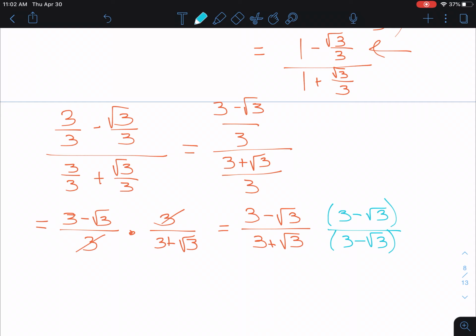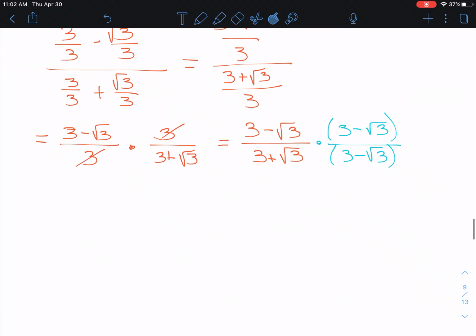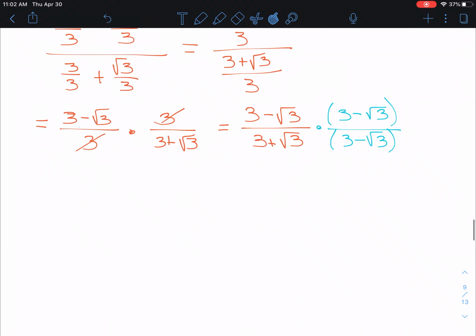You can see this one's got a little more going on. So now I'm just going to distribute on the top, distribute on the bottom, and simplify. So I'm going to give myself a little bit of room here. Okay, so let's work on the top here first. So 3 times 3, 9.